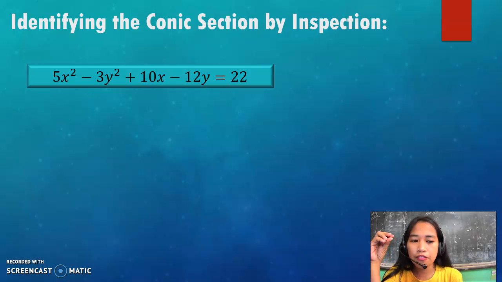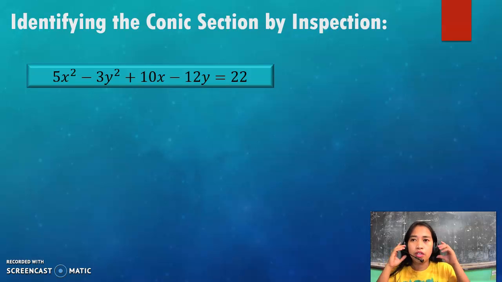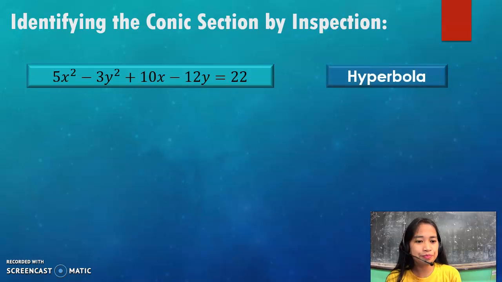So first, identify whether there is an x squared or a y squared. There is, right? Correct. So check. We'll ask again, are the signs of x squared and y squared the same? Since they are not the same, the other one is negative, the other is positive, this conic section is most likely a hyperbola.